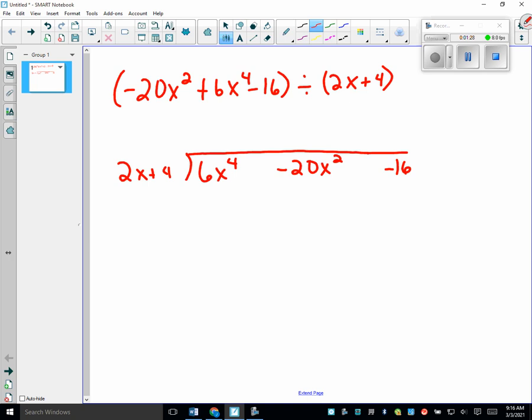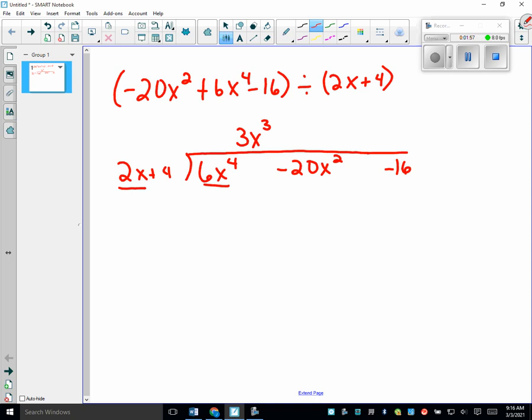Okay, now, just like regular division, what would I multiply this first term by to get to this first term? 3x cubed, right? So I have up here, and it doesn't matter where, I write 3x cubed. You did that in long division, didn't you?